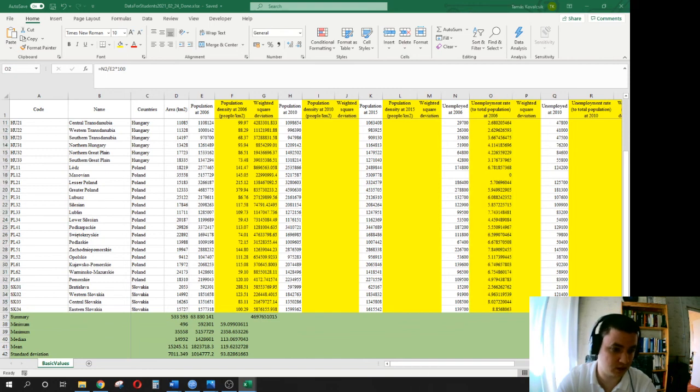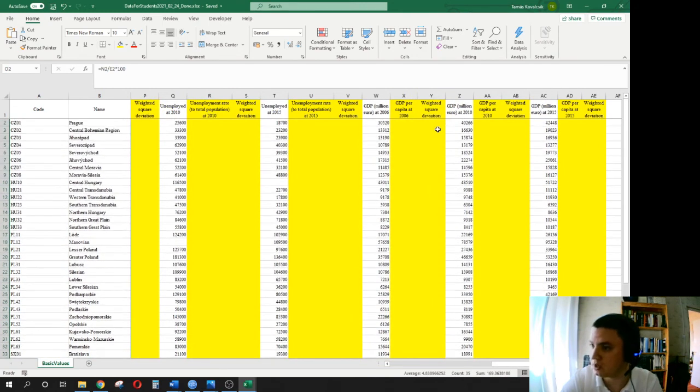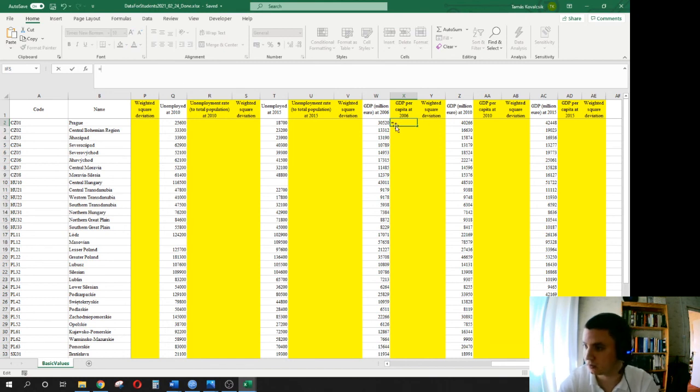Okay, and for the GDP calculation, you do not multiply by 100, just multiply by 1 million, because we have euros in millions in the header of the datasets.